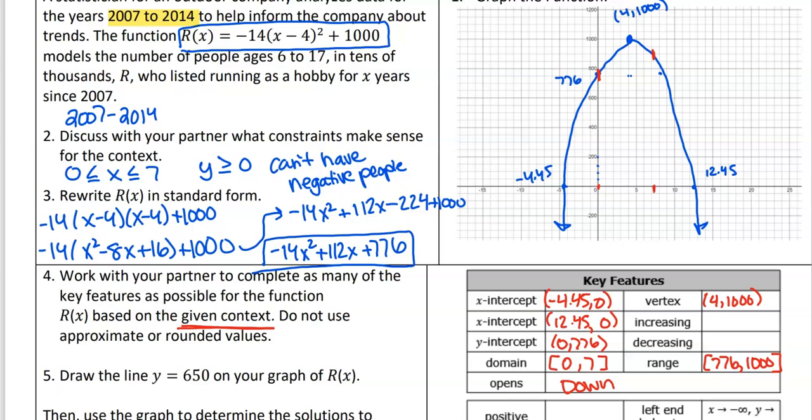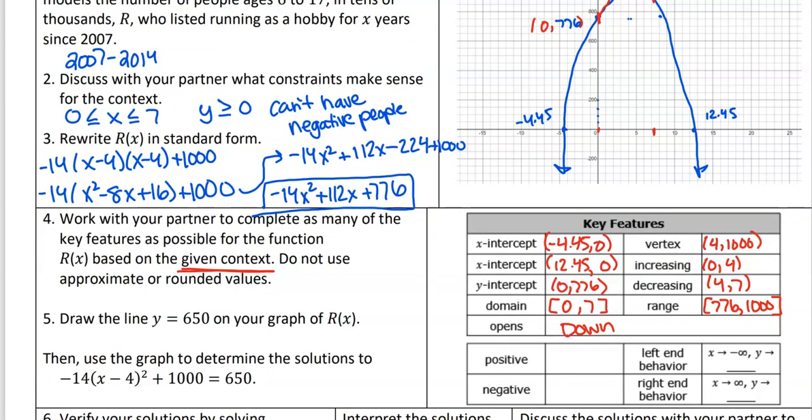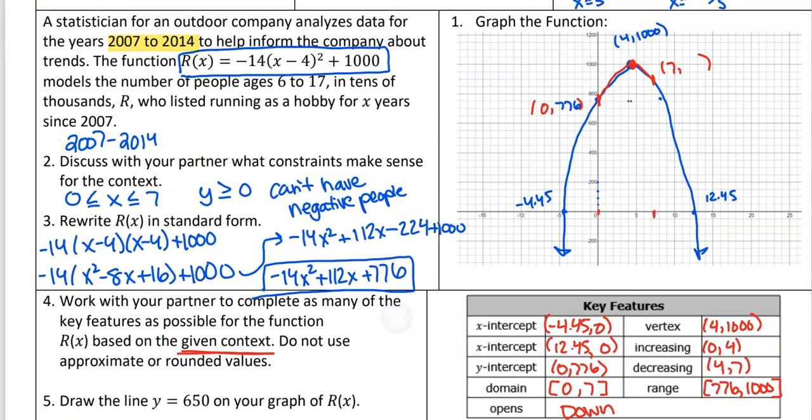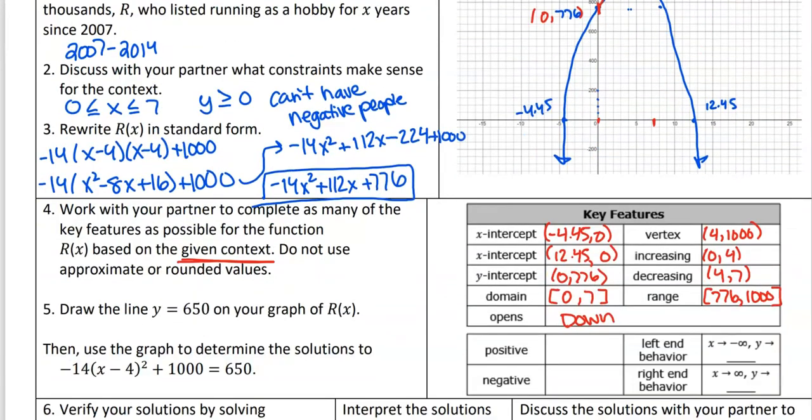Where are we increasing? We're only looking at this part, by the way. Remember, we use our x values. So we're increasing between 0 and 4. We're decreasing from 4 to 7. Where are we positive? I would say all of it. That red section is above the x-axis, so it's all positive.